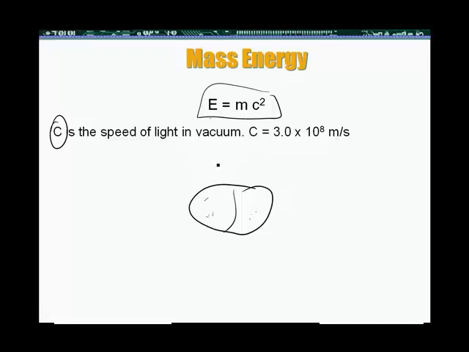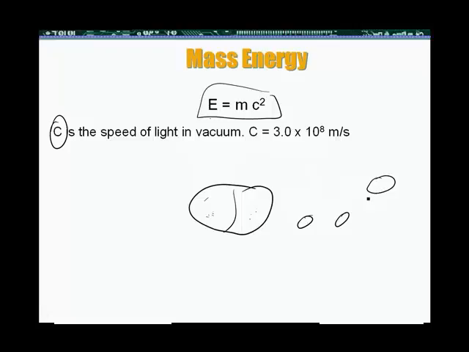Now, this is also the basis of fusion, or the process with which we get energy from the sun. In that case, it's the opposite process: you have essentially two hydrogen nuclei, two protons, colliding into each other and fusing, making a bigger nucleus.